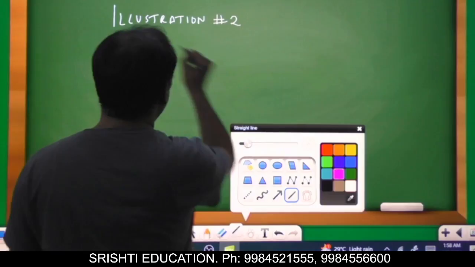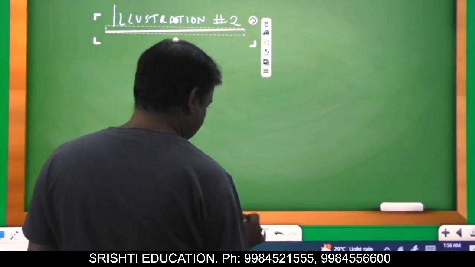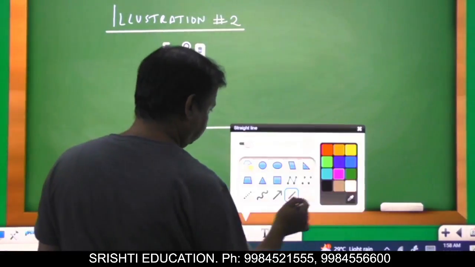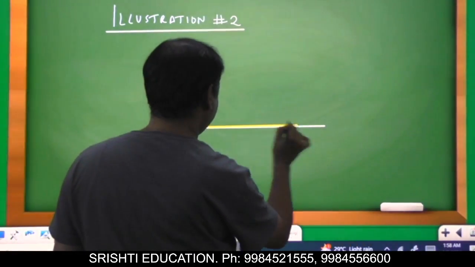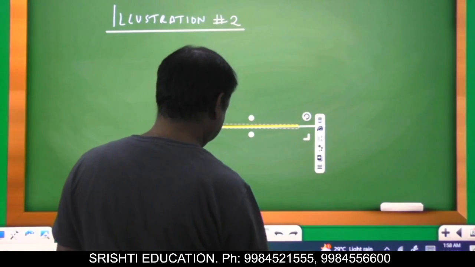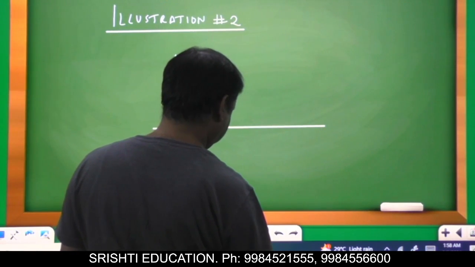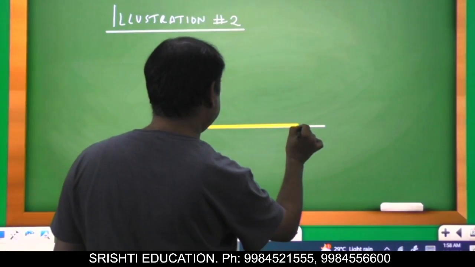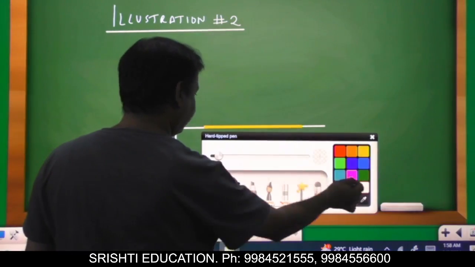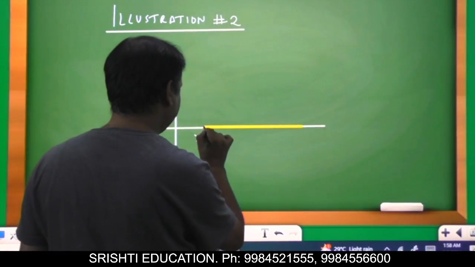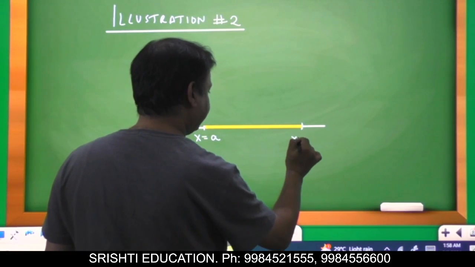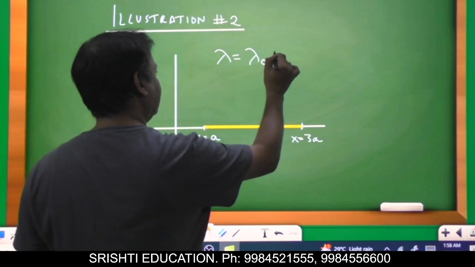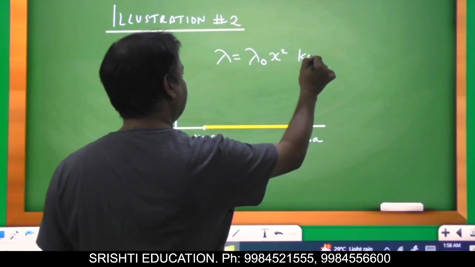So suppose again I have a rod on the x axis, so this is the rod on the x axis, and the rod is kept between x is equal to a and x is equal to 3a, and the lambda on the rod is given as lambda naught x square kg per meter.